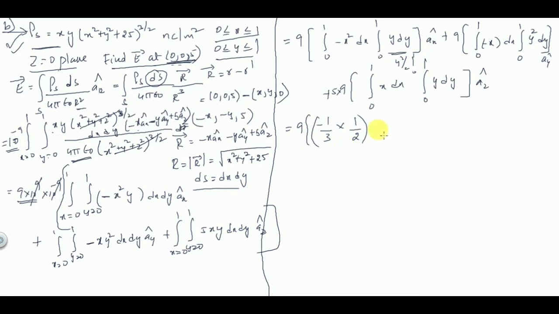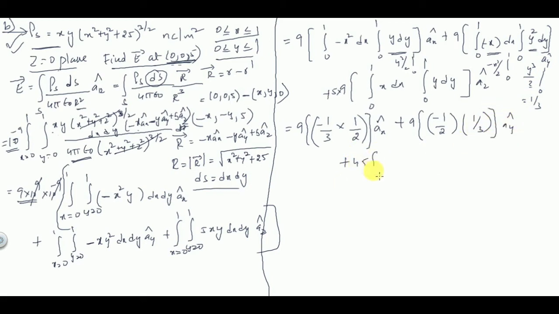Minus 1 by 3 into 1 by 2 ax cap, plus 9 into, integral of minus x is minus x square by 2, if you substitute the limits it will be minus 1 by 2, and integral of y square dy is y cube by 3, if you substitute the limits from 0 to 1 it will be 1 by 3, so I'm writing directly 1 by 3 into ay cap.